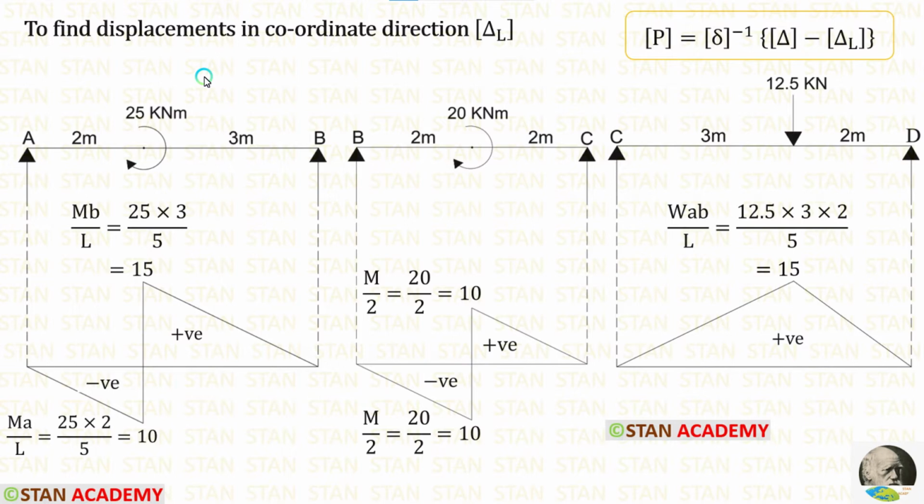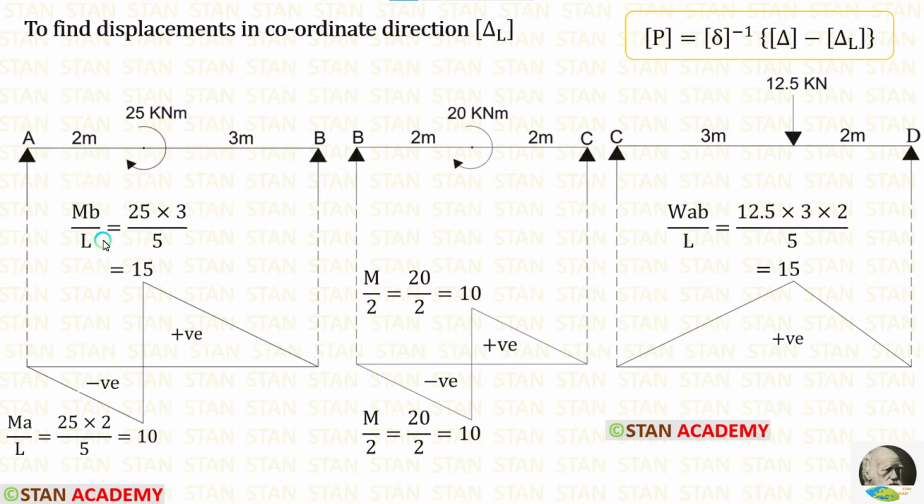Now let us make the ordinates. In the beam AB, a concentrated moment 25 kN is acting in the clockwise direction. It is not acting on the center.